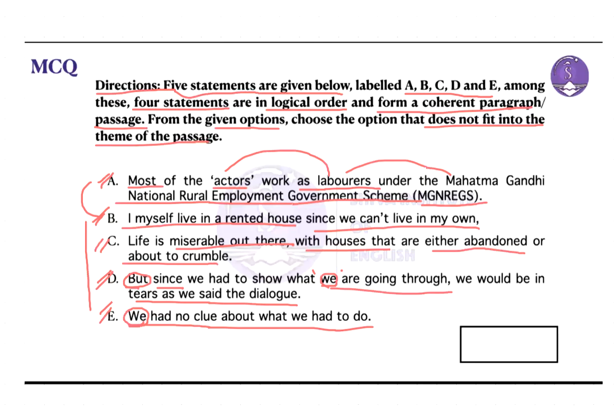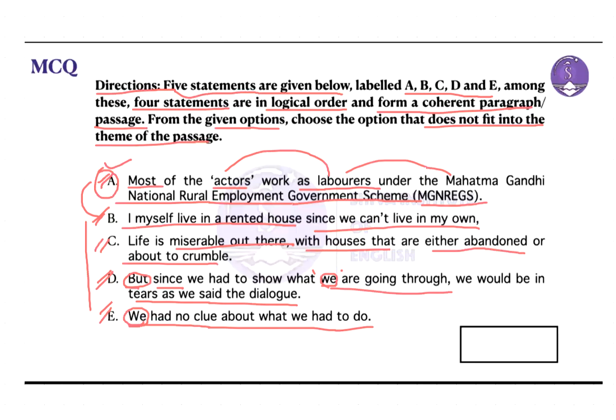Option A is simply stating that there are actors, and among them, most of the actors are working as laborers under the government scheme called MGNREGS. So we considered that option A could be the odd one out, right? But let's see how A will be the odd one out and how EDCB or BCDE make a kind of sequence.